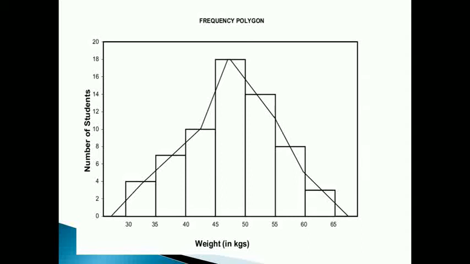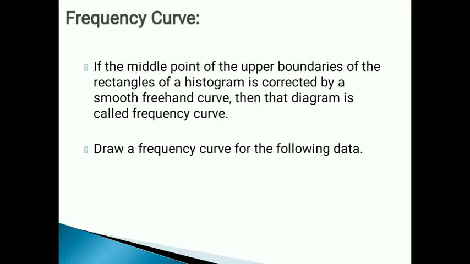After drawing a histogram, point out the midpoint of each rectangle and join all these midpoints by a straight line, then we get a frequency polygon for the given data. On the x-axis we take the classes, and on the y-axis we take the number of students, that is, the frequency of those classes.